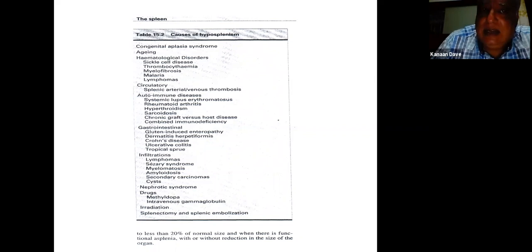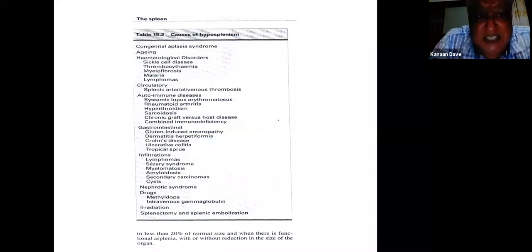Sickling in the microvasculature, there is a splenic infarction that takes place, and eventually the spleen becomes atrophic. And when the spleen becomes atrophic, the immunity goes down. We see the presence of red cell inclusions, especially what we call Howell-Jolly bodies in the red cells.